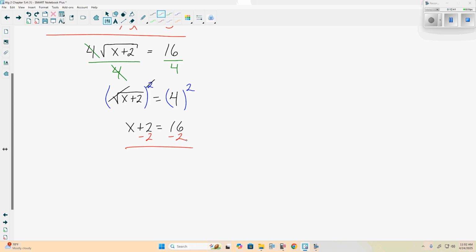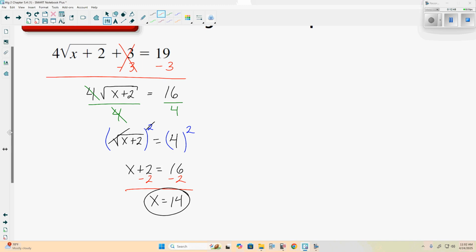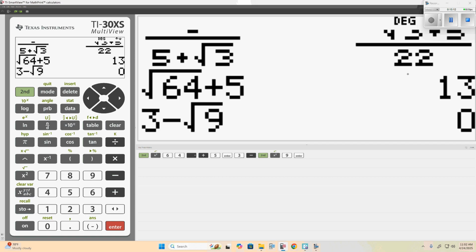Subtract 2. x is equal to 14. Again, if we're checking this here, we're saying that if x is 14, 4 times the square root of 14 plus 2 plus 3 should be 19.